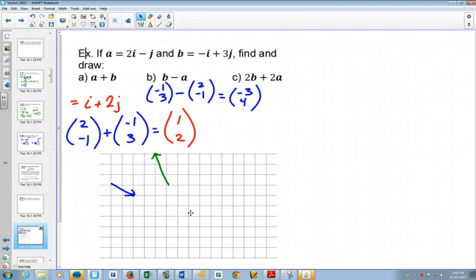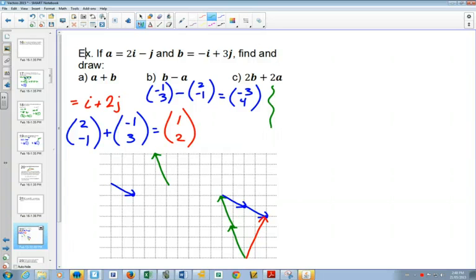Finally, if we took 2 of B, there's 1 of B, there's 2 of B, and we added 2 A's, there's 1 of A, there's 2 of A. This is what we would end up with.